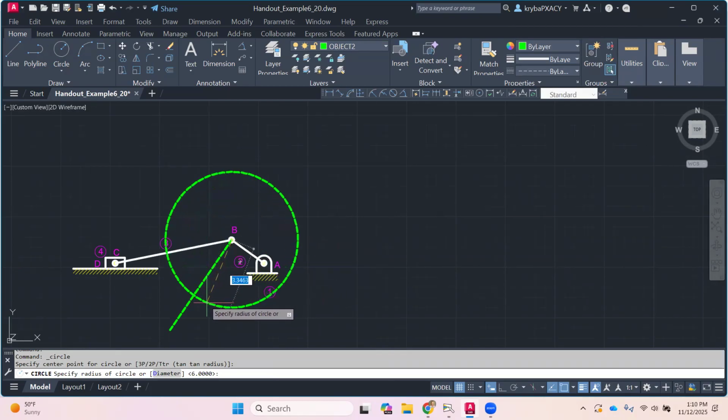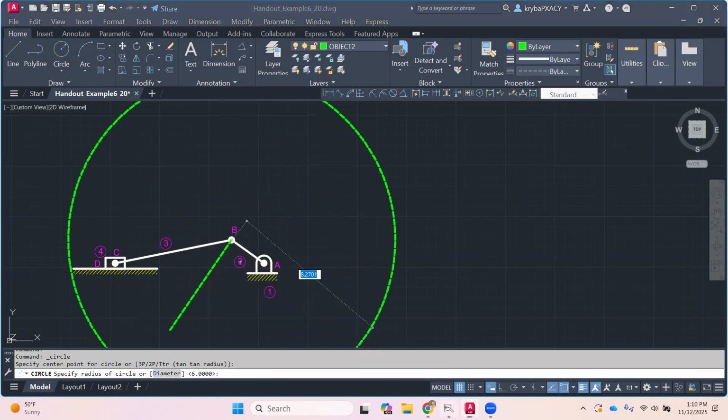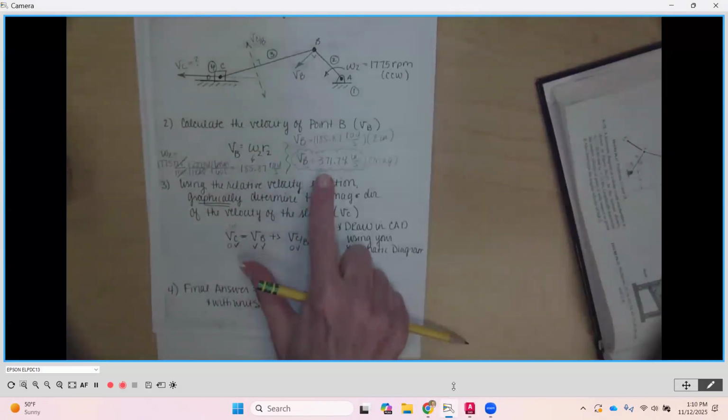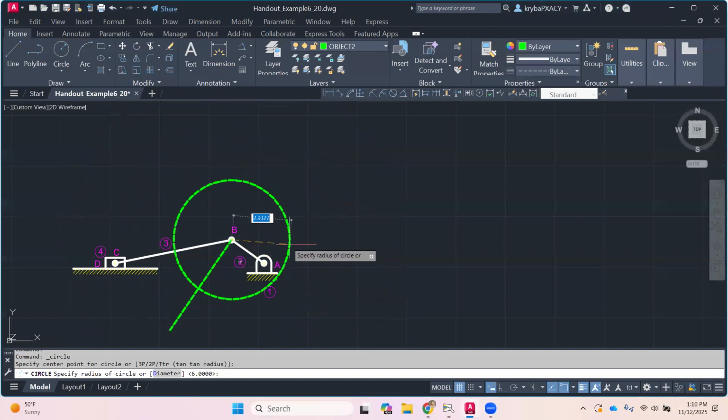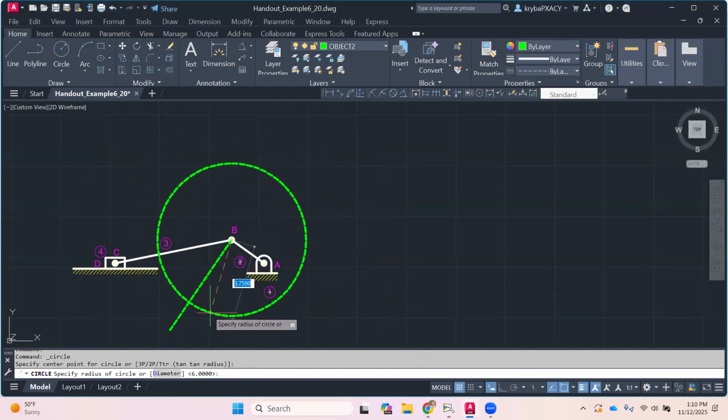I want to make this vector the correct length. What is going to be the radius here? Nope. I want it to be as long as the magnitude of velocity B. So how long is my radius going to be here?